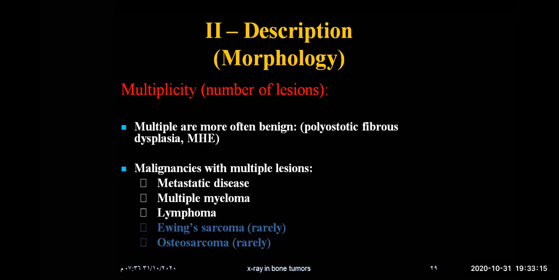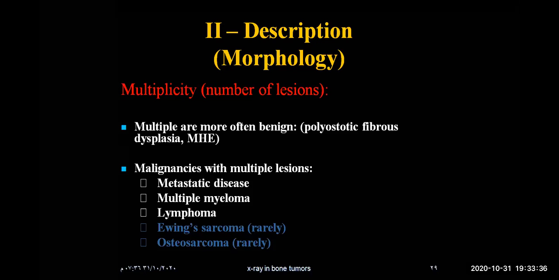Multiple lesions are actually found in both benign and malignant lesions. Benign lesions include multiple hereditary exostosis and polyostotic fibrous dysplasia.